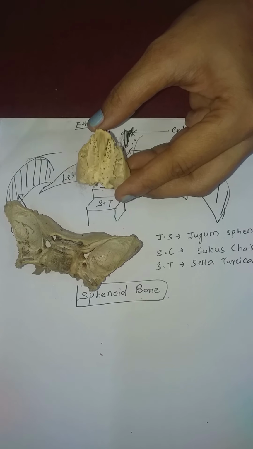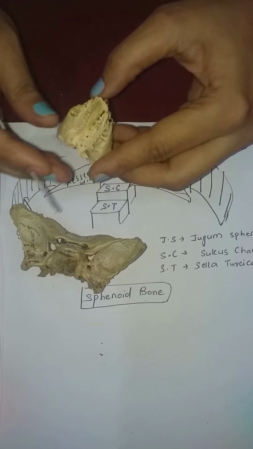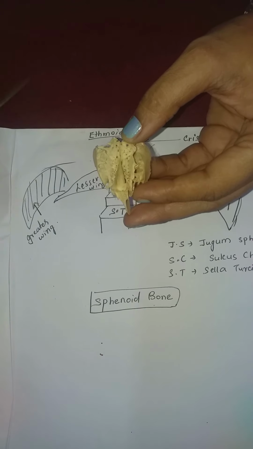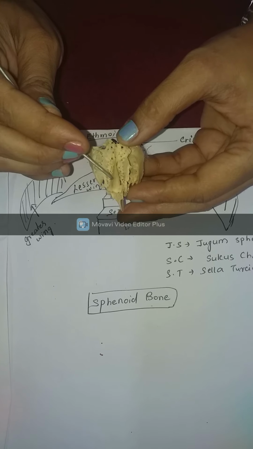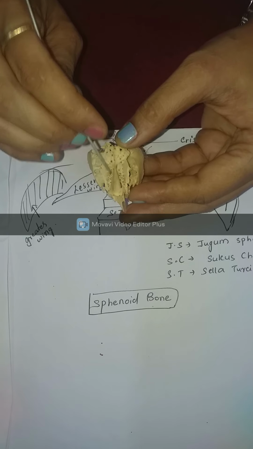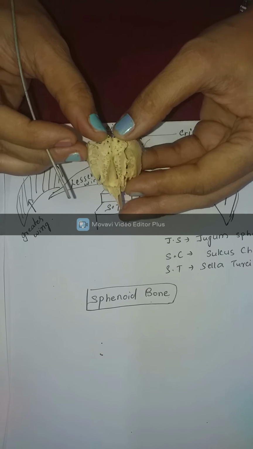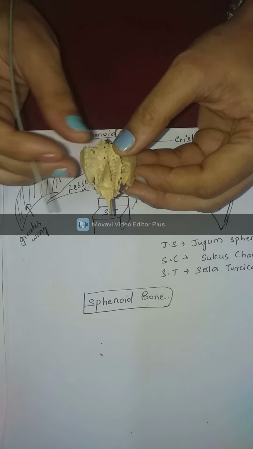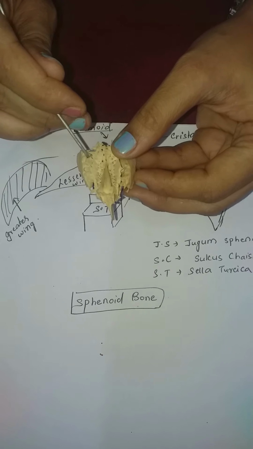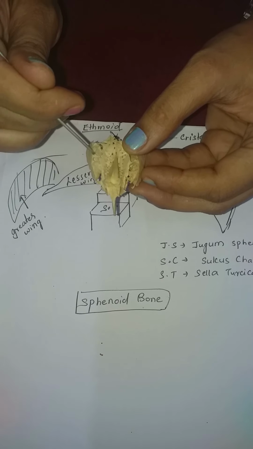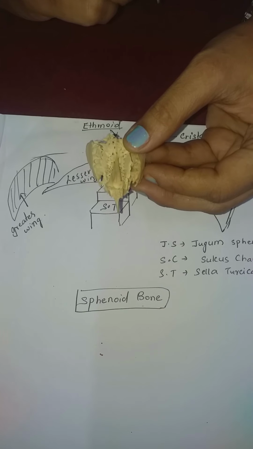So this is the correct position of the ethmoid bone. This is crista galli. This is the cribriform plate. These two cuboidal things are the labyrinths. Within these labyrinths are the ethmoidal air cells, anterior, middle and posterior ethmoidal cells.